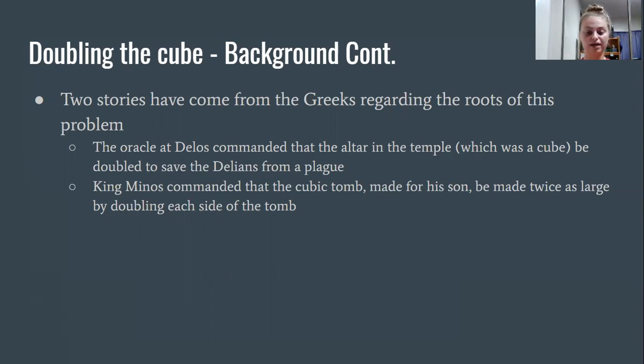Since the volume of the cube is length times width times height, doubling each of those, instead of actually doubling the original, it ended up being 8 times the size of the original volume. Both of these stories may be a myth, may be a fact. We're not actually sure about that. But the problem of doubling a cube using only a straight edge and a compass became very important in Greek geometry.